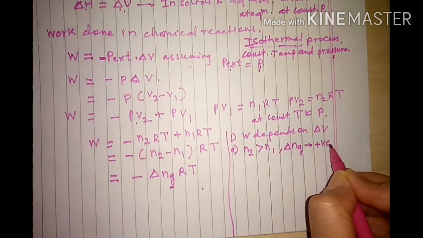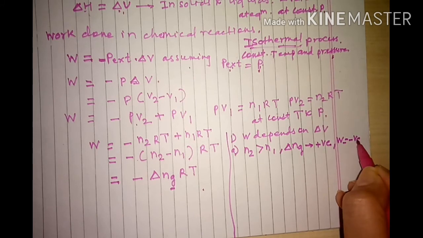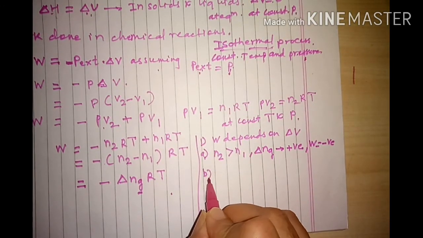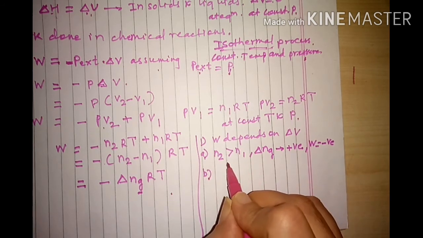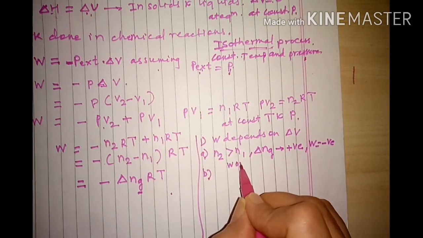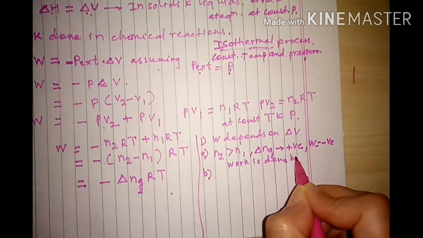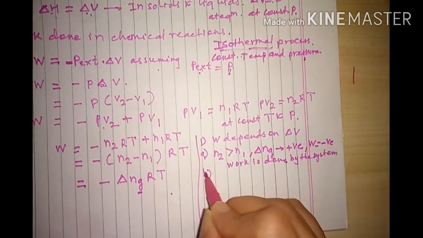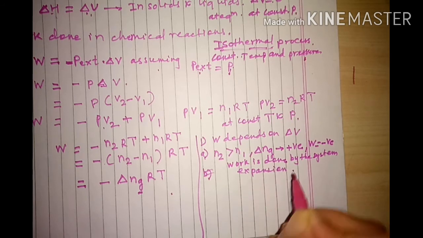If this is positive, W would be negative here. It means that work is done by the system, of course on the surroundings. This is the work of expansion.